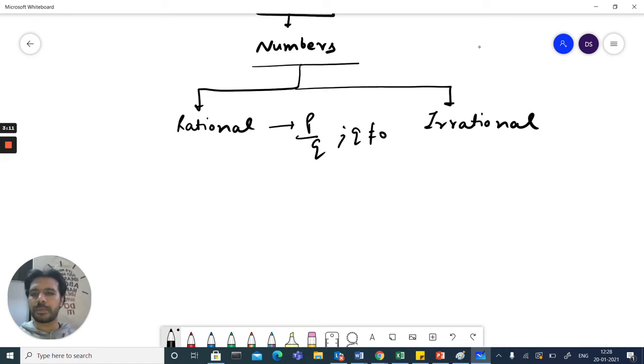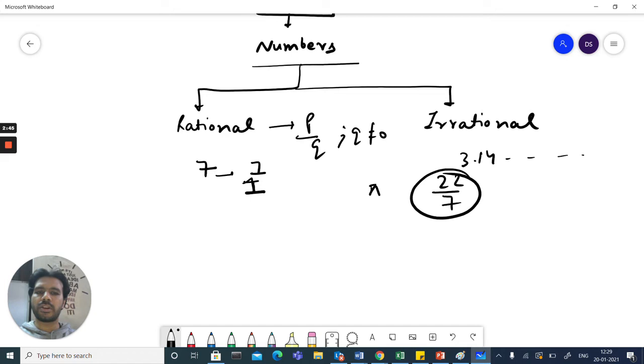So for an example, let's take 7. Now if you ask me what is 7, is 7 rational or irrational? You simply write it as 7 by 1. So when you write it as 7 by 1, it becomes a rational number. While at the same time, if I take something like pi, 3.14 and so on. Now, though we say that pi has a value of 22 by 7, this 22 by 7 is not the value of pi.